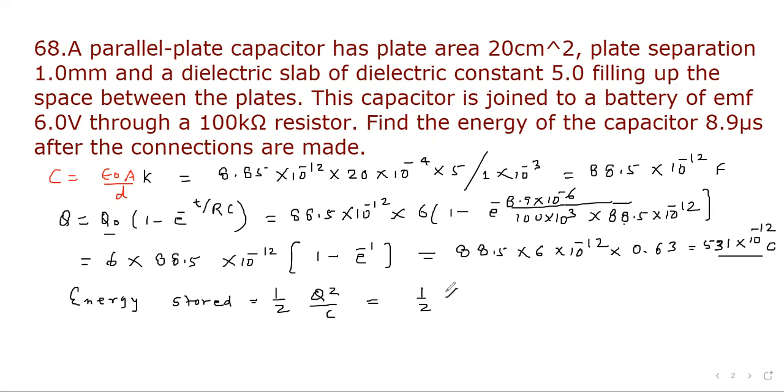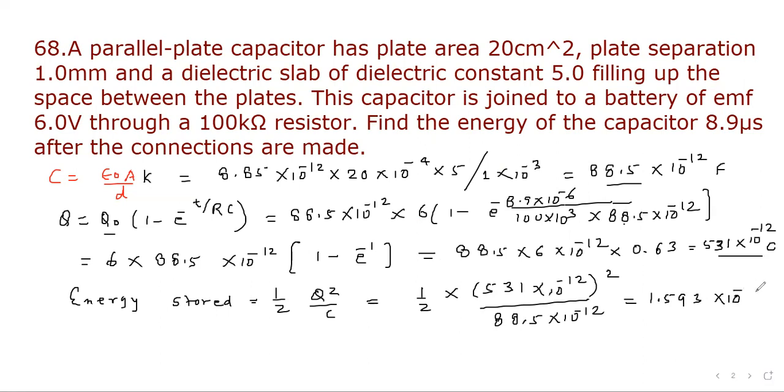So 1 by 2 times square of 531 into 10 to the power minus 12 divided by the value of C. We have found it as this, 88.5 into 10 to the power minus 12. So on simplification, it will be equal to 1.593 into 10 to the power minus 9 joule. So that is our answer.